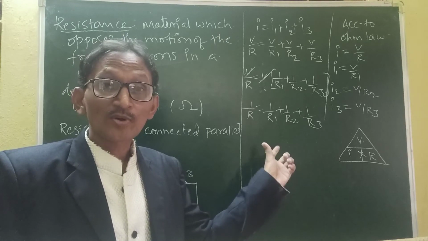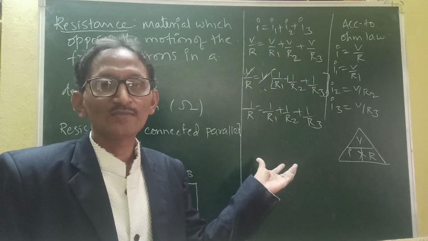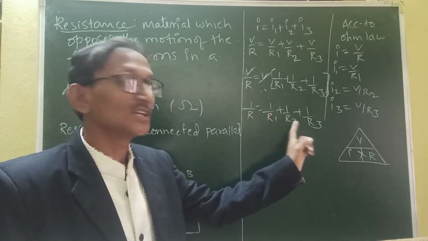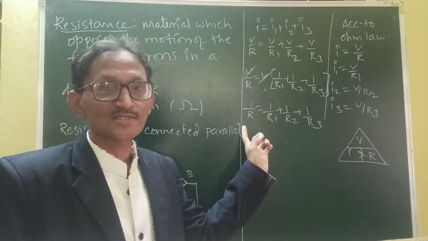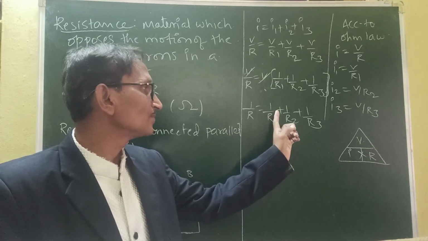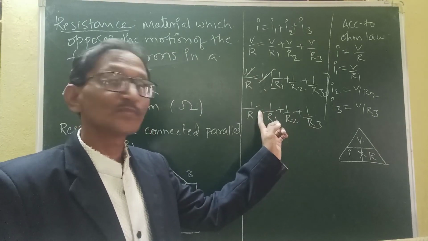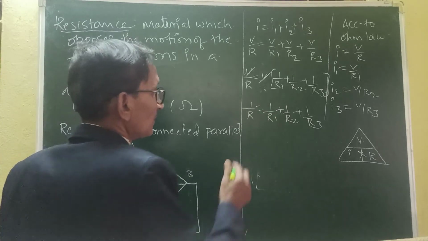The sum of the reciprocals of the individual resistors is equal to the reciprocal of the effective resistance of the parallel combination.